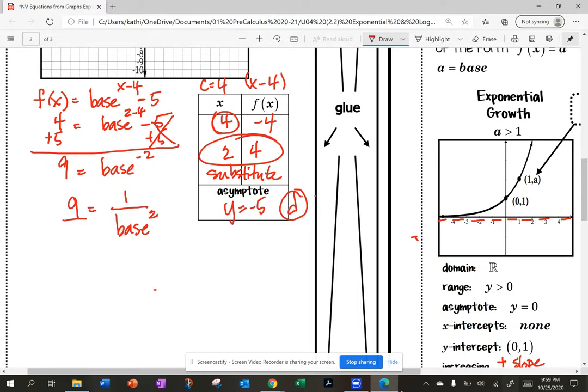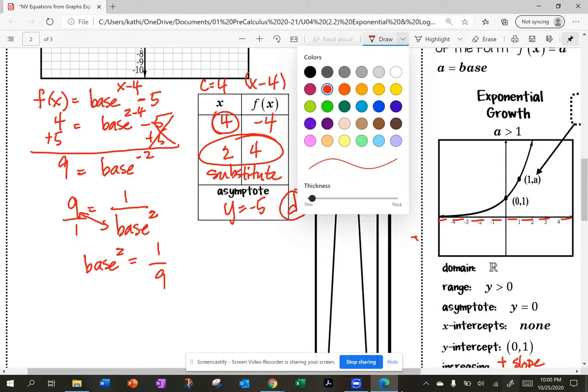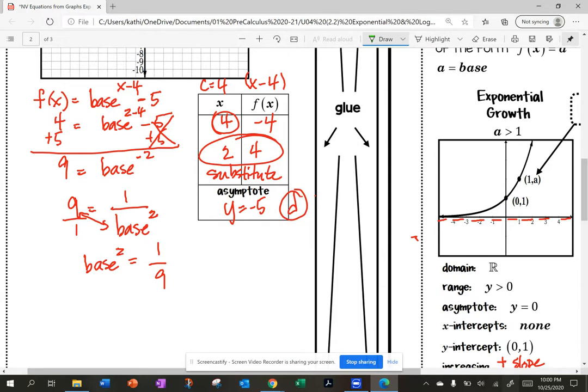Now I know 9 and the base squared are in logically equivalent places, so I am just going to trade places. So I'm going to say the base squared equals 1 over 9. Now I can solve for the base. To undo the squaring, I'm going to take the square root.